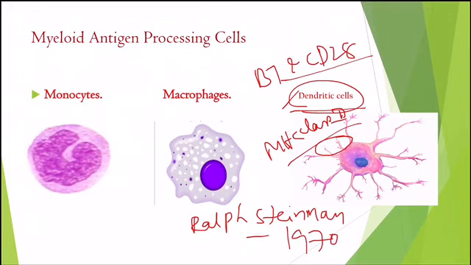These co-stimulatory signals are required for the binding and activation of Th cells, because dendritic cells majorly function as antigen presenting cells. They present the antigen to the T cell.